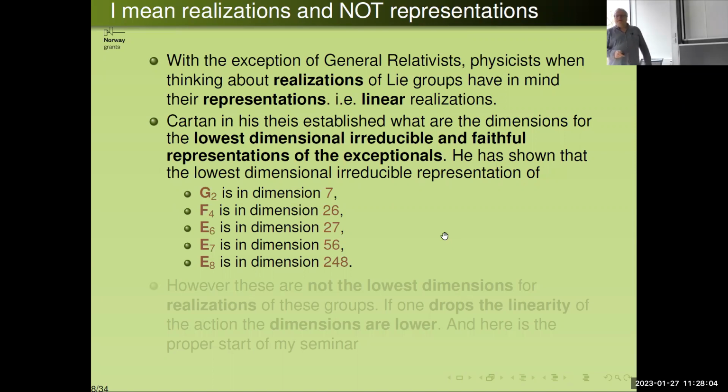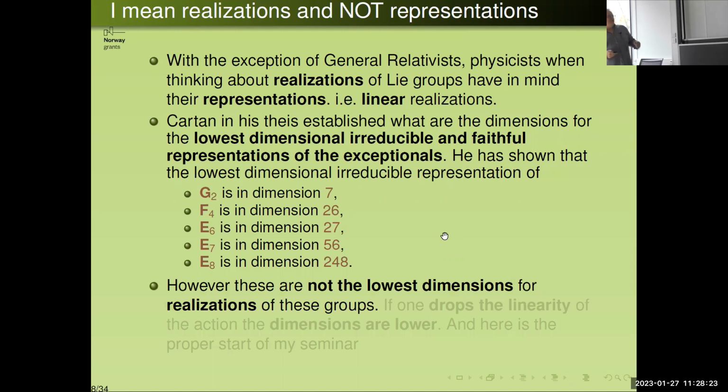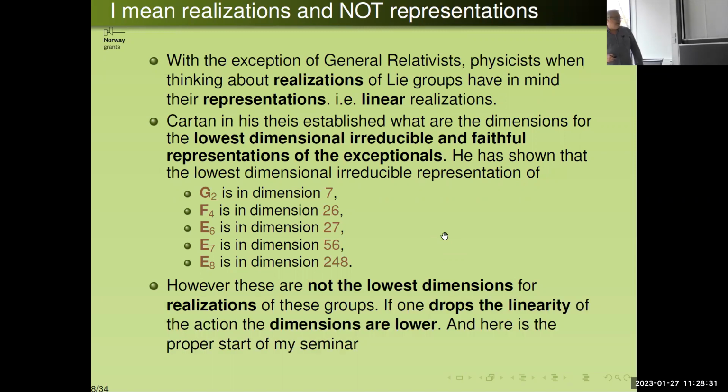So if you want to realize G2 linearly and faithfully, you have to go to dimension 7, F4 26, E6 27. However, these are not the lowest dimensions for realizations of these groups. If one drops the linearity of the action, the dimensions are lower.